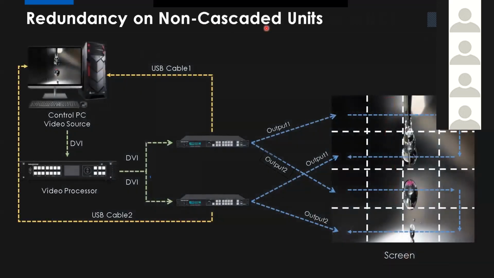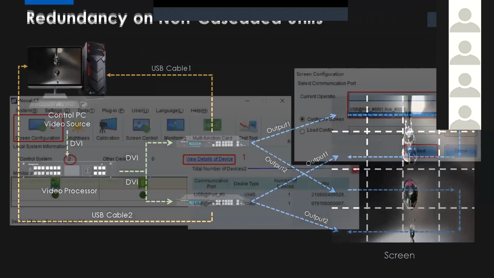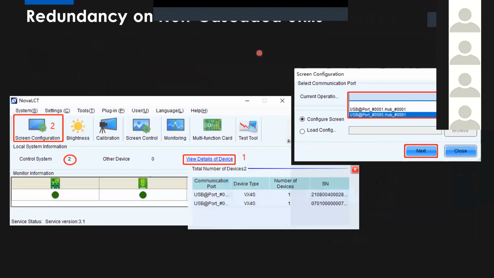And for the non-cascade unit, we still start with the Nova LCT. After login, we will see there are two control systems. Each control system has its own controller.